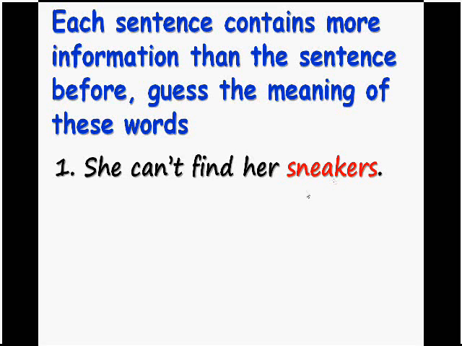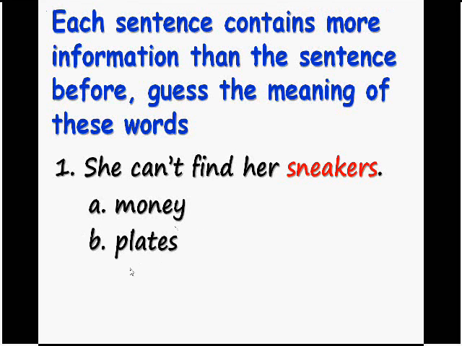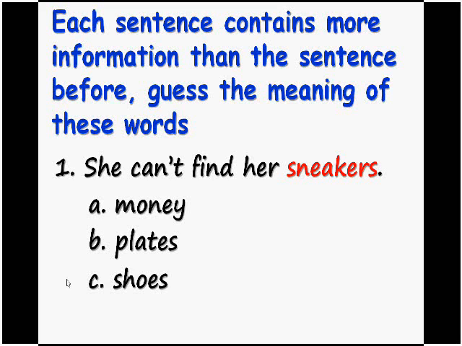She can't find her sneakers. The new word here is sneakers, and we want to know the meaning of the word sneakers. A, money. B, plates. C, shoes. Okay? Now from this sentence, I can't guess even the meaning of the word sneakers.